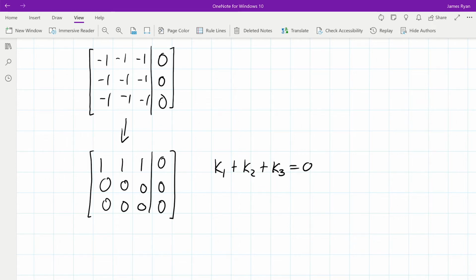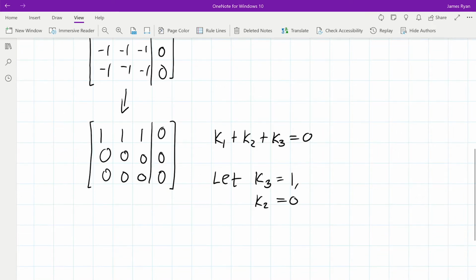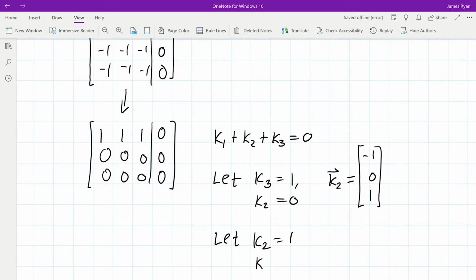We can say, let k3 equal 1 and k2 equals 0, and that will give us the eigenvector k2, which will be -1, 0, 1, and then we can say let k2 equal 1 and k3 equals 0.